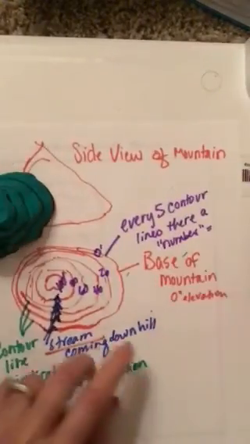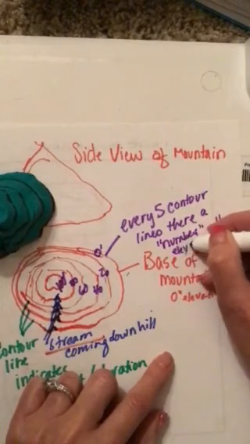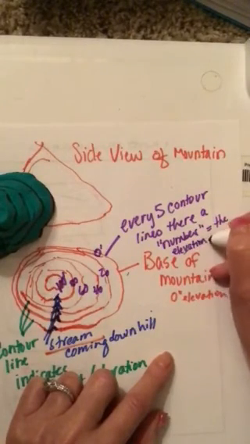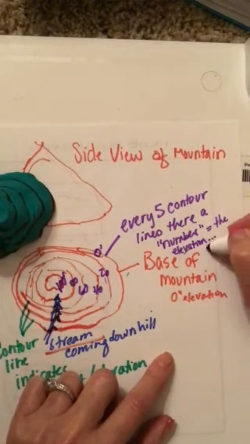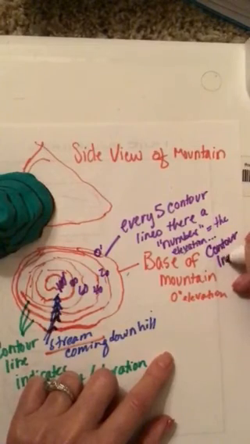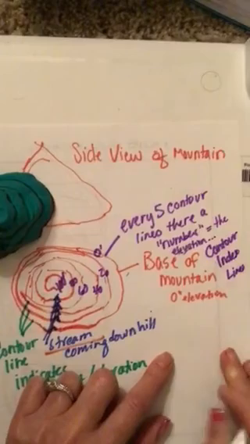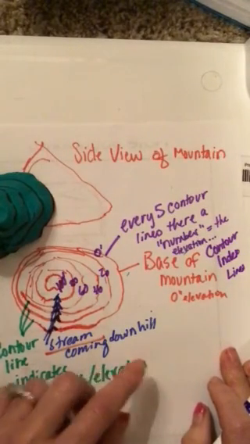Sorry, let me move this over. The elevation. These lines that are numbered are called contour index lines. Those are contour index lines.